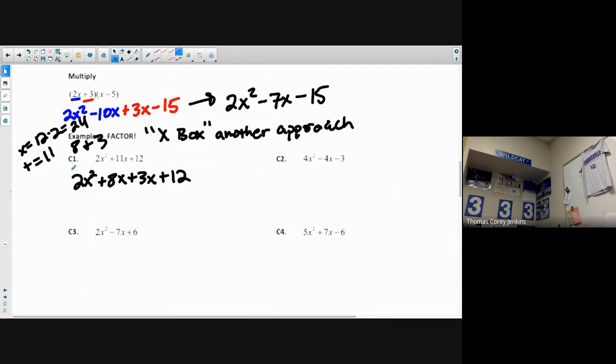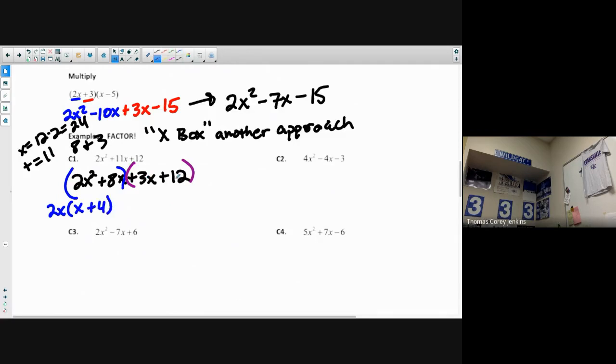So you want to group your first two terms together and then your second two terms together, and you want to factor out a GCF, okay? And then we'll see what happens after that. So the GCF here is going to be 2x. So we're going to go 2x times the quantity x plus 4.